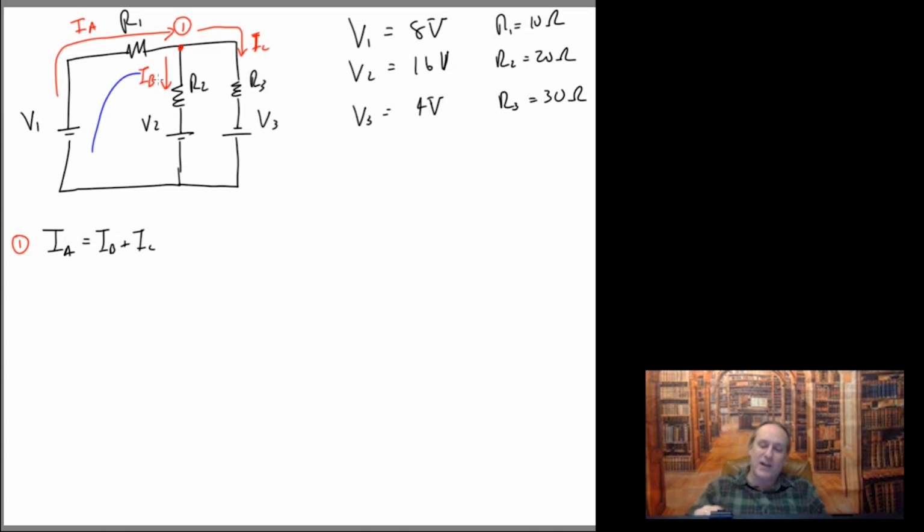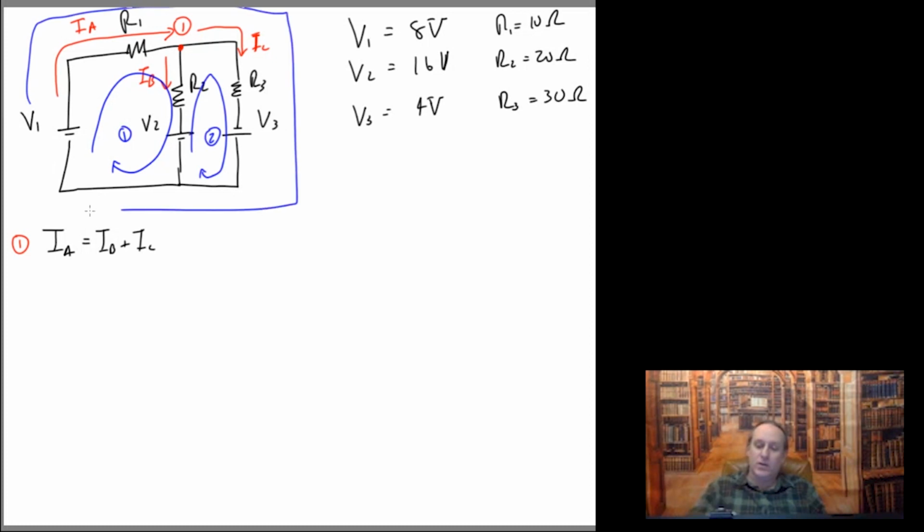It doesn't really matter how you draw them. I'll just draw them all going clockwise, just like we did before. But you can draw them counterclockwise, you can mix and match, it doesn't matter.